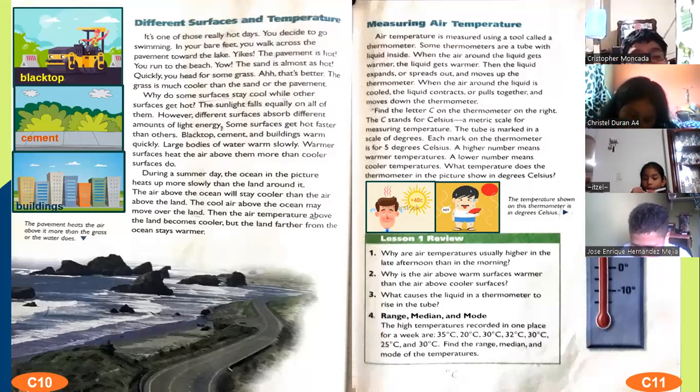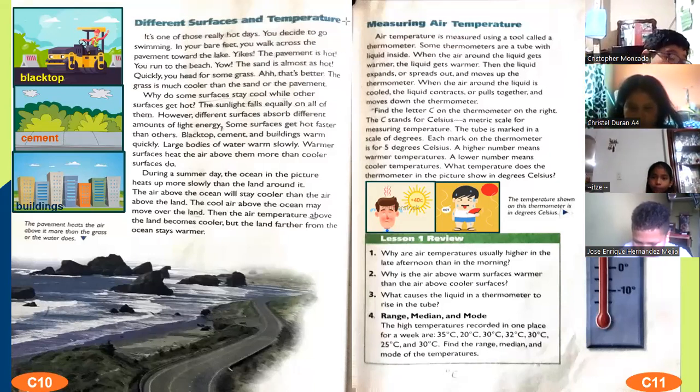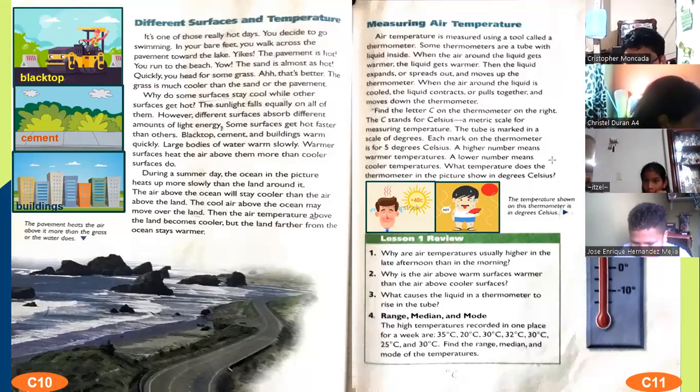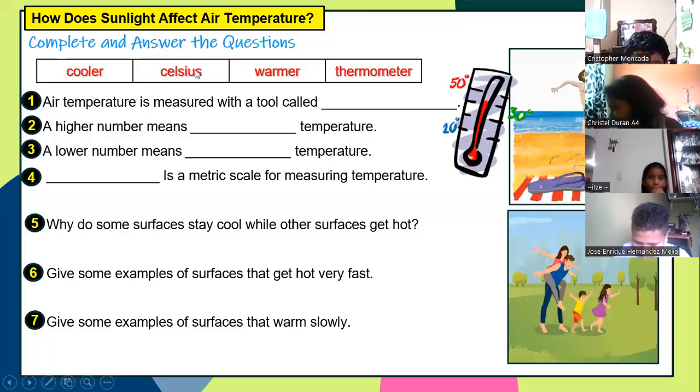No, because 25 is between 20 and 30. This one is between 30 and 40. If you count from 30 to 40, nunca va a llegar a 25. What number? 35. Thank you. You are the only one who thought about it. If I say that before, I say 35. Okay, 35 degrees. This is the information you need to copy.